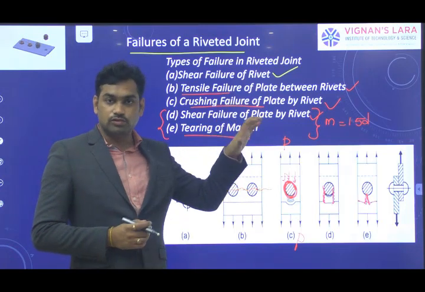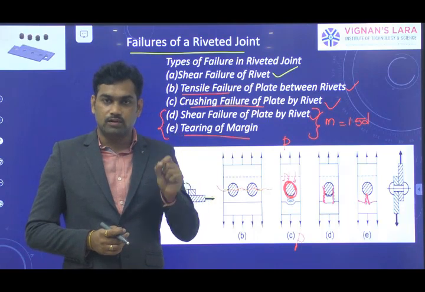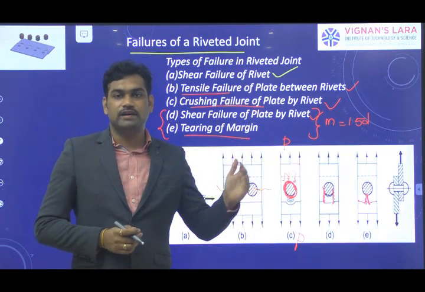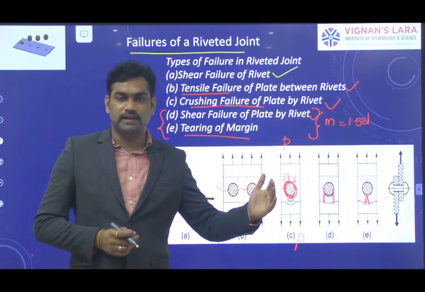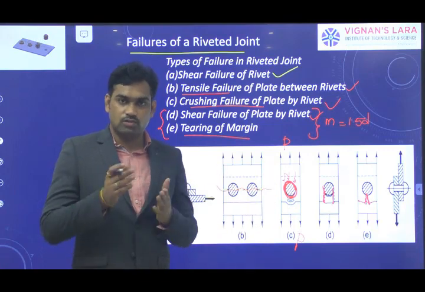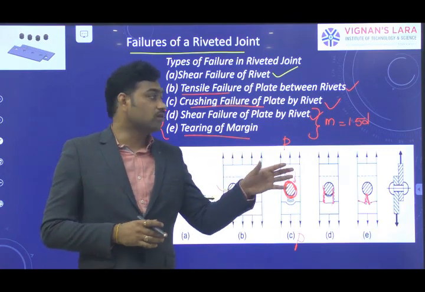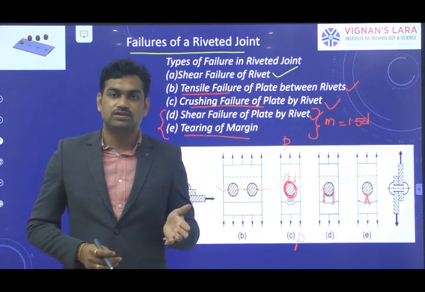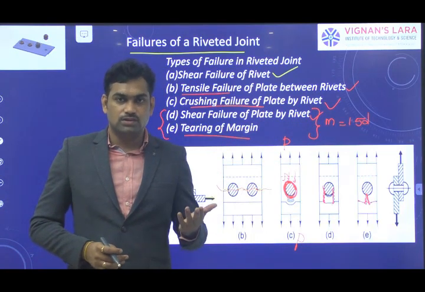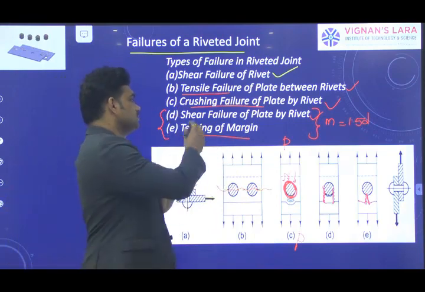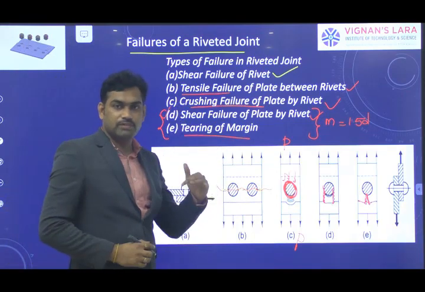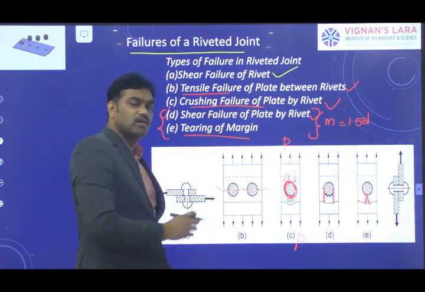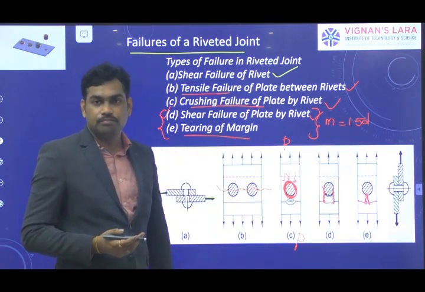That is the margin. We know that margin is the distance from the center of the rivets to the edge of the plate, that is, from the last row of rivet centers to the edge of the plate. We call it the margin. By providing a proper margin to the riveted joint, we can completely avoid the shear failure of plate by means of rivet, as well as tearing of the plate in the marginal area.